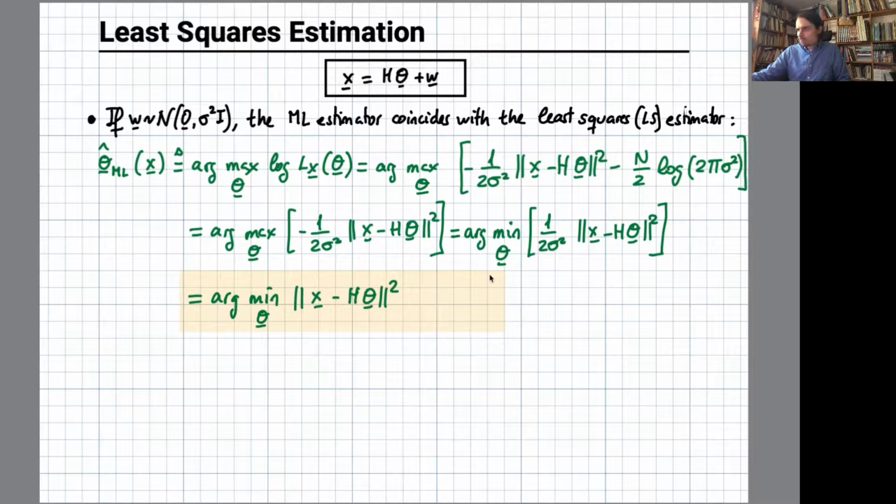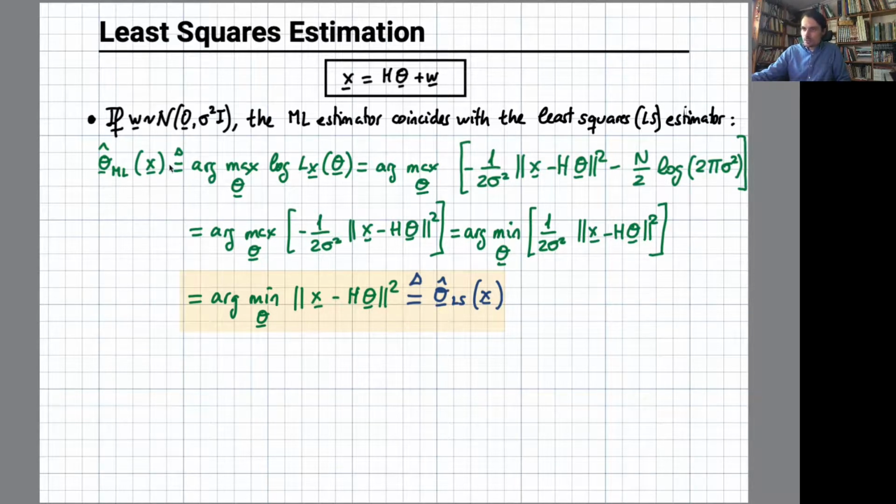The fact that this constant is non-negative also means that we can ignore it and instead minimize just this square norm, okay? So what we have found is precisely the definition of the so-called least squares estimator, which applies every time we have a model like this, right?